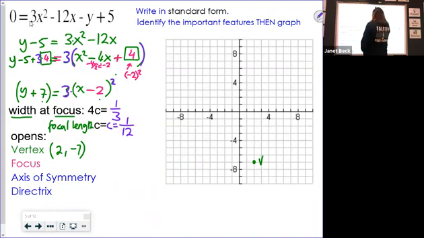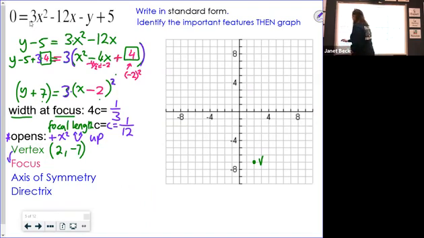So this one, how does it open? I look at my coefficient, and my coefficient is positive, and I look at what's being squared. Well, x is being squared. Oh, that's easy. It's a nice happy parabola. It's going to open up. So that tells me to go from the vertex to the focus. I'm going to go up by my focal length, which is c, which is 1/12.